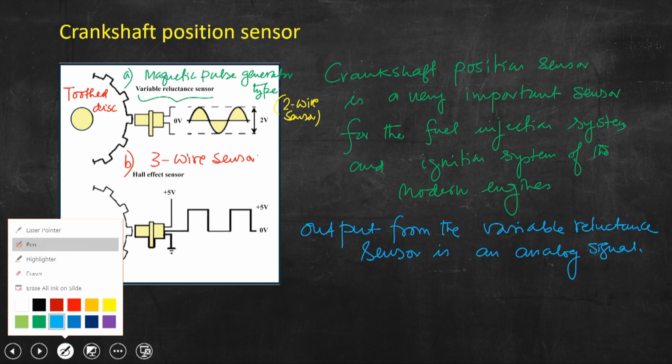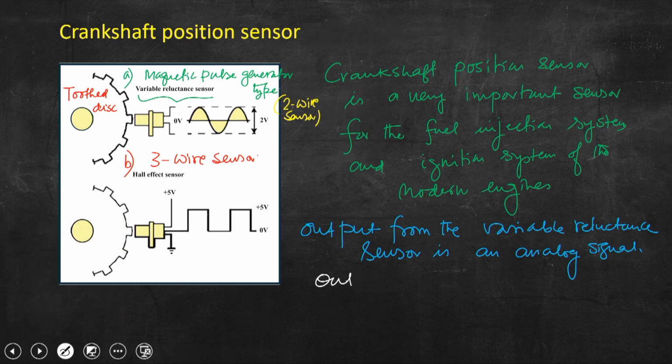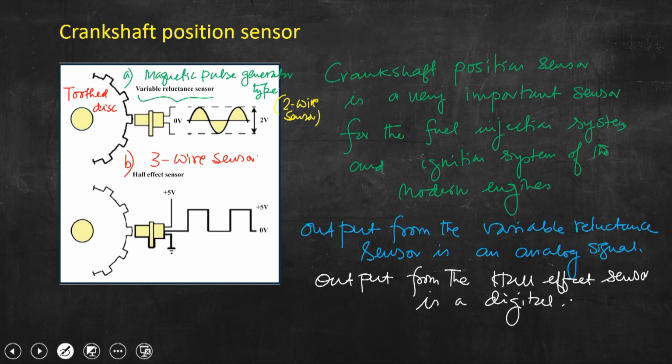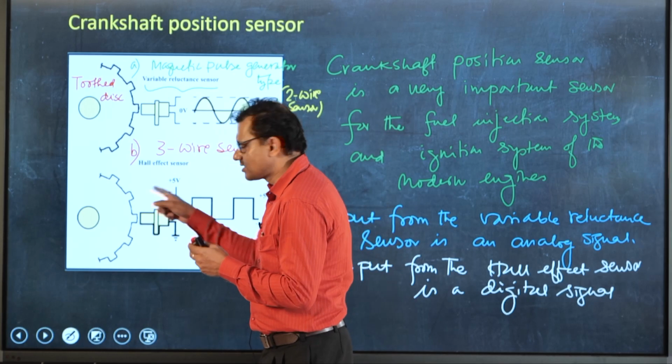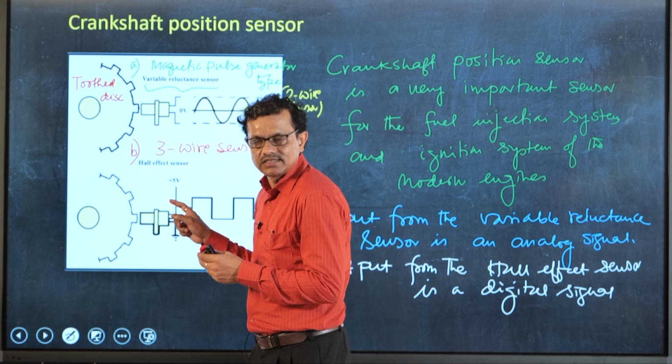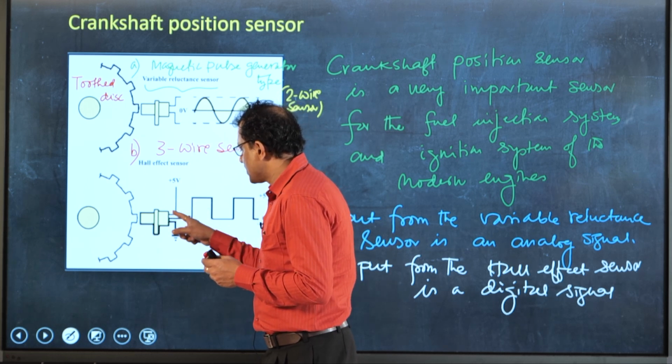So, the output from the Hall effect sensor is a digital signal.